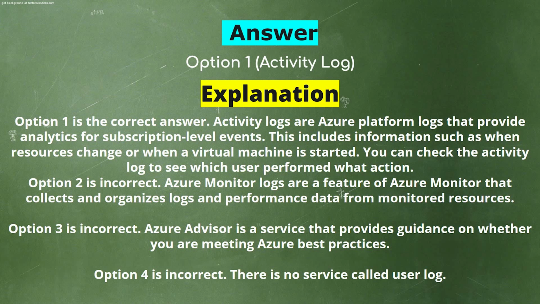Option 2 is incorrect. Azure Monitor logs are a feature of Azure Monitor that collects and organizes logs and performance data from monitored resources. Option 3 is incorrect. Azure Advisor is a service that provides guidance on whether you are meeting Azure best practices. Option 4 is incorrect. There is no service called user log.